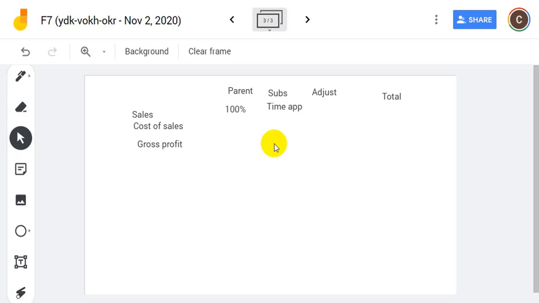Then for the adjustments, you subtract all the intra-company sales. All the intra-company sales you subtract.